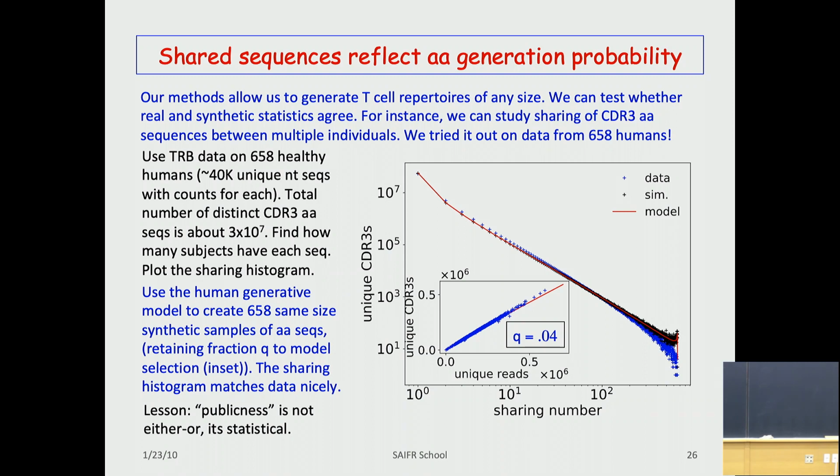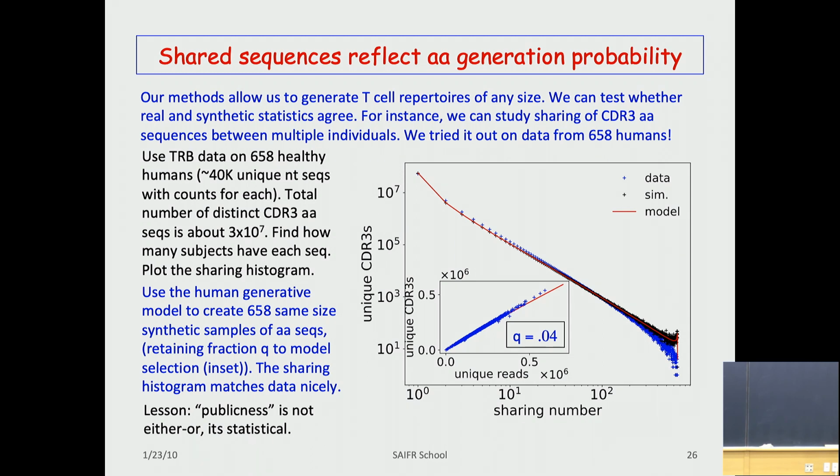We came across a really interesting data set. For some reason, one of the research groups that works in this area had generated T-cell receptor data sets for 658 ordinary, randomly chosen, healthy human beings from a range of ages, with roughly speaking 40,000 unique nucleotide sequences for each of them.